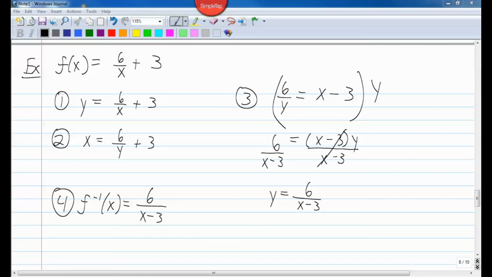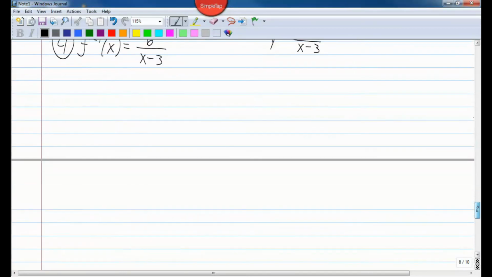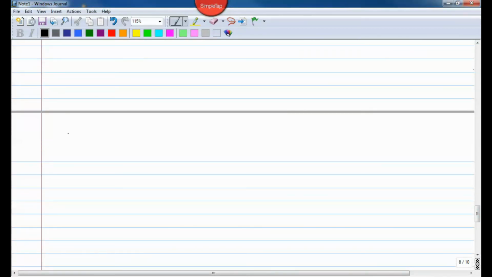Okay? Now, the reason why I just reviewed the vertical line test is because we have something called the horizontal line test. The horizontal line test does not tell you if a graph represents a function.